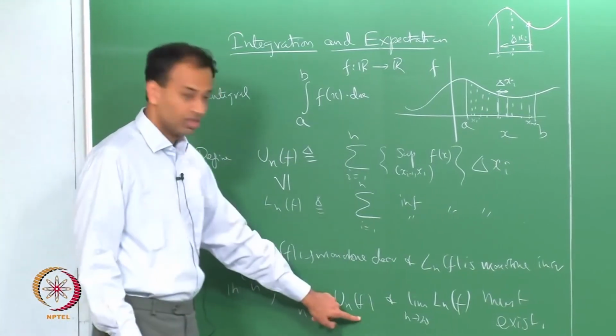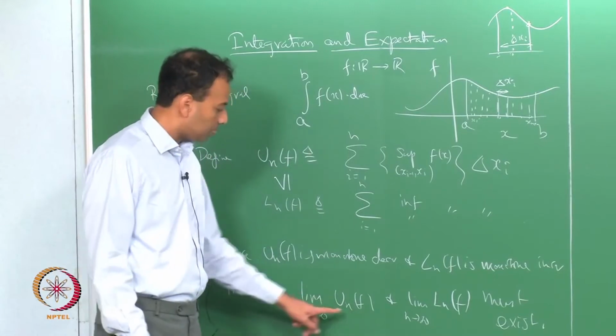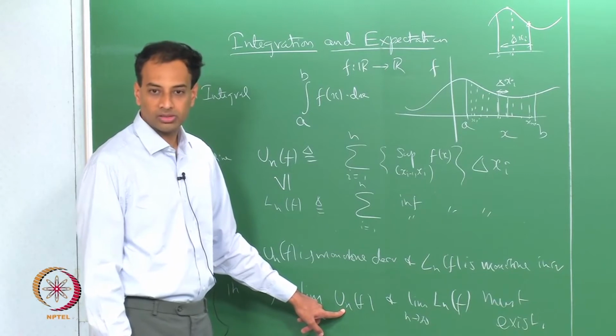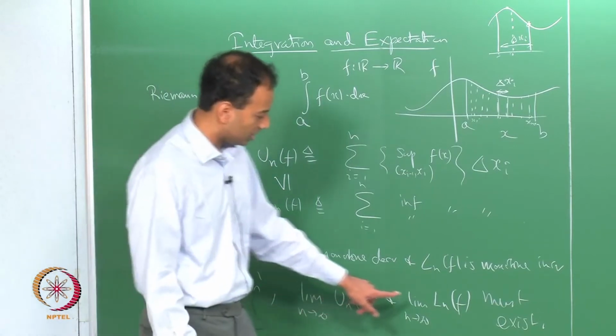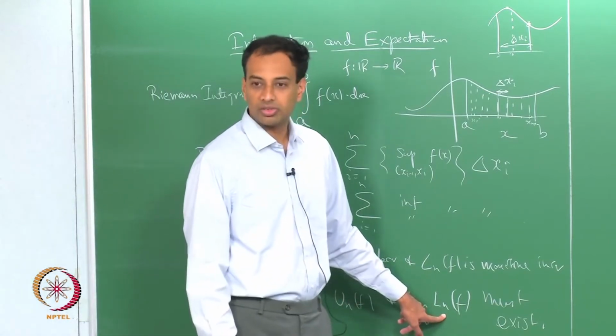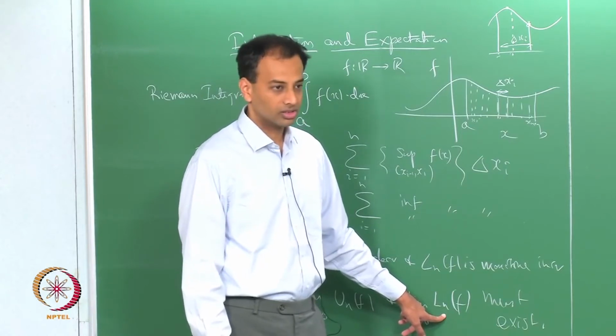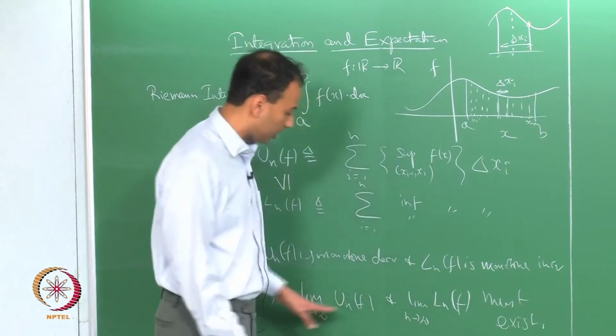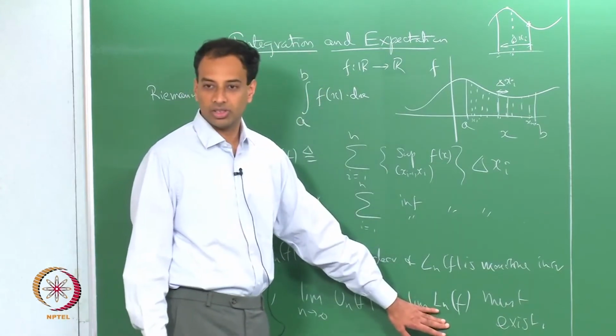So, this limit is known as the upper Riemann integral of f over a to b, okay, and this limit is known as the lower Riemann integral of f. Okay. This limit exists as real numbers and this is called the upper integral and this is called the lower integral of f.